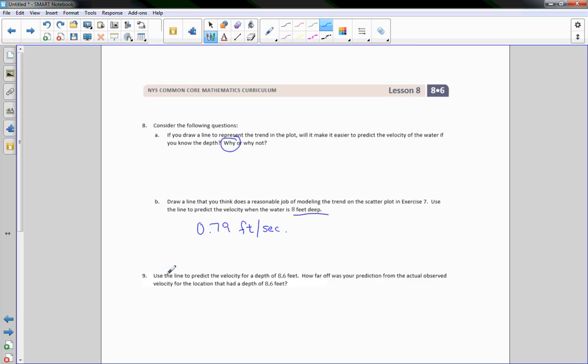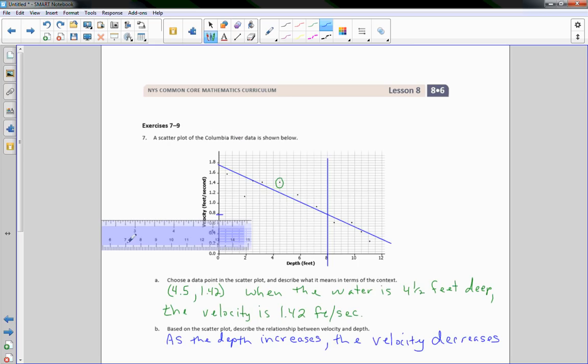Okay, now it says use the line to predict the velocity for a depth of 8.6 feet. How far off was your prediction from the actual observed velocity for the location that had a depth of 8.6 feet? So now we're going to use the line to predict the velocity at a depth of 8.6. So I go back here, and for a depth of 8.6, if I move this over, here's 9, here's 8.5, so 8.6 is approximately there.